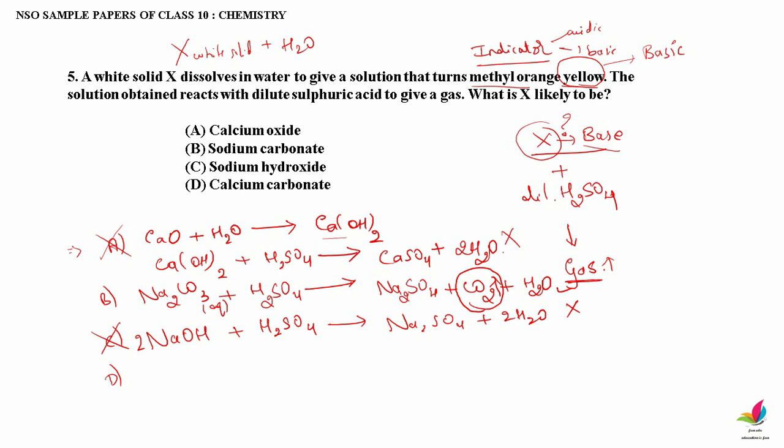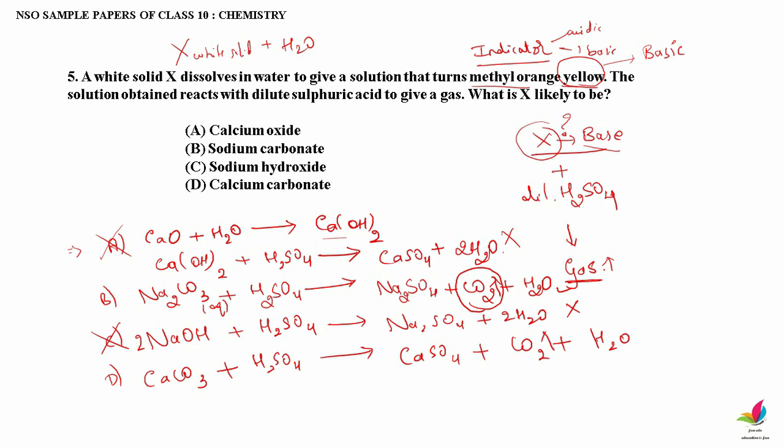So let's see D, that is calcium carbonate, CaCO3. Now calcium carbonate reacts with sulfuric acid forming calcium sulfate plus carbon dioxide gas plus water.